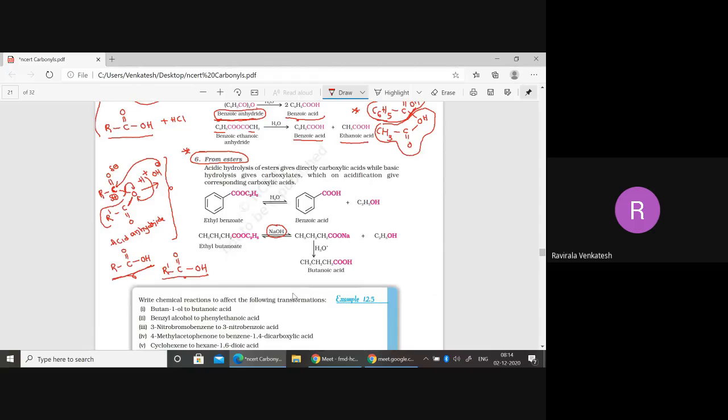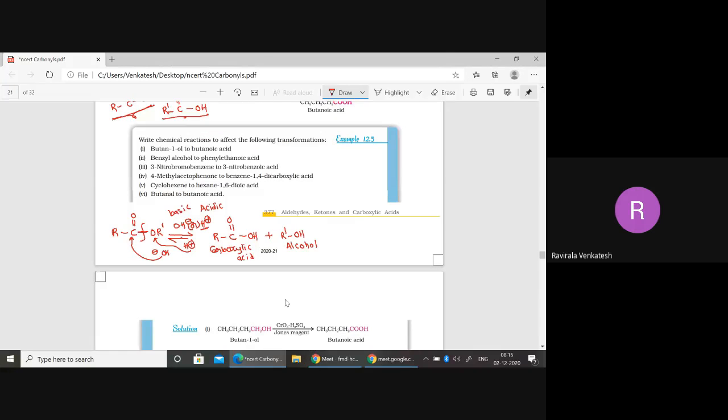See, acidic hydrolysis of ester gives carboxylic acids directly, while basic hydrolysis gives carboxylates, which on acidification will give carboxylic acid. What is the reason actually? Actually here also we get carboxylic acid only. But you are adding base, no?